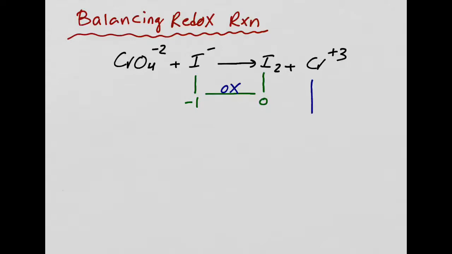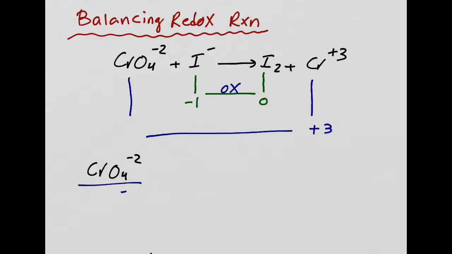Now, let's come over here. Here, I have chromium with a charge of +3. We want to know what the charge of chromium was on the reactant side, and did it change or not? The way I can do this, CrO4 -2, I showed you a cool way to do this: the entire thing equals -2 because that's the charge of the compound I've given you.